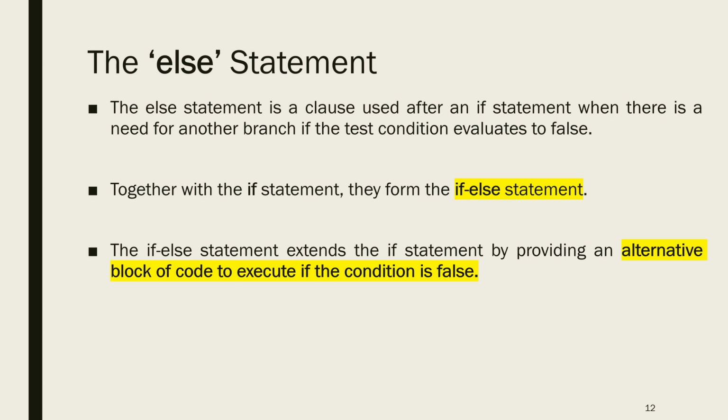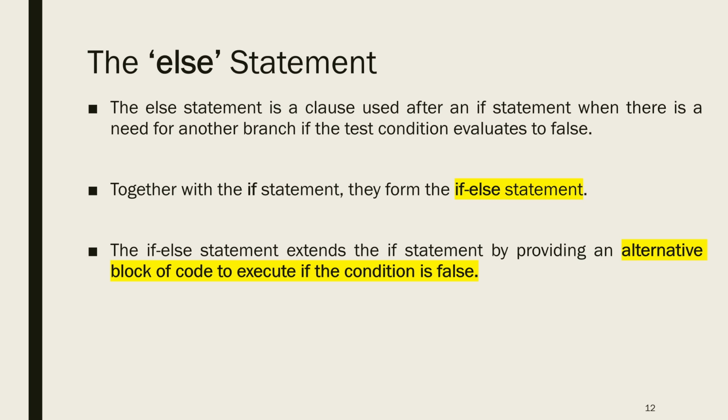The else statement is actually a clause, and it is a clause because you cannot use the else statement in isolation. You can only use an else statement if you have an existing if statement, all right? So if you have an if statement, you check a condition and you are interested in an alternative path or approach if the first condition fails, then we introduce the else statement.